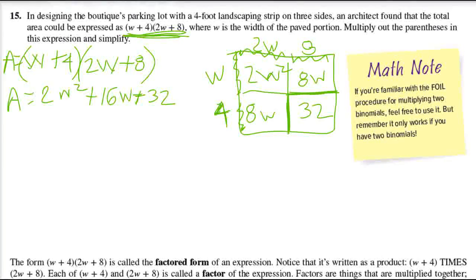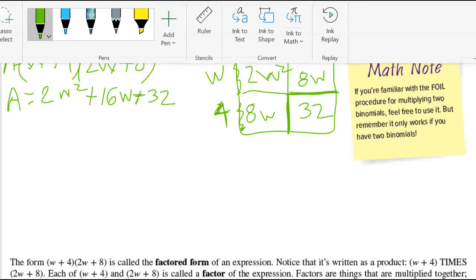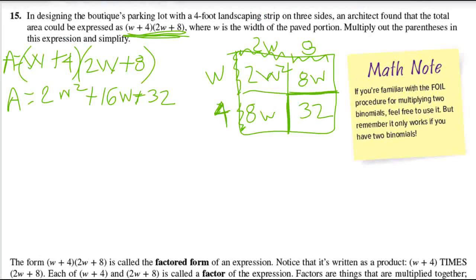So when we multiply out the parentheses, as we did it before, we would have gotten the same number. If I multiply W plus 4 times 2W and W plus 4 times 8, that's essentially what I did in my area model. I call this an area model.